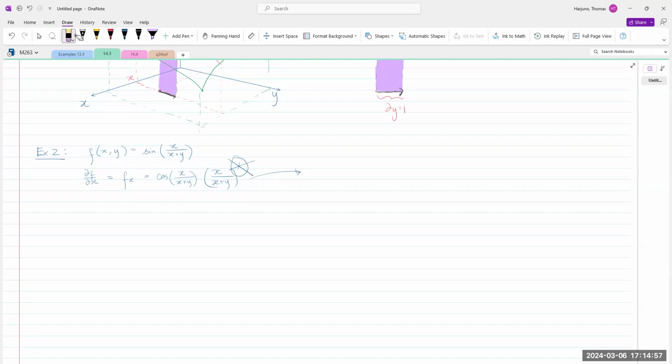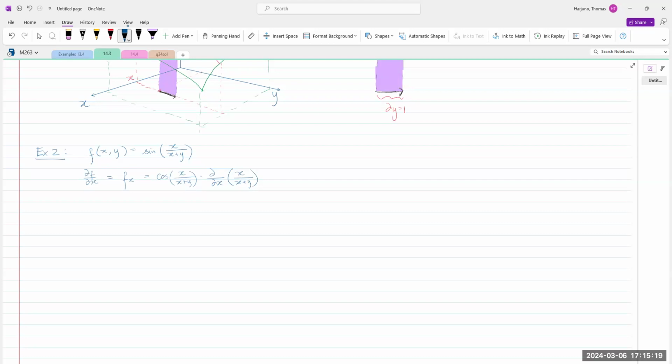So instead of writing it that way, we write times the chain dou x of x over x plus y. In other words, you have to write that notation now, the dou x.